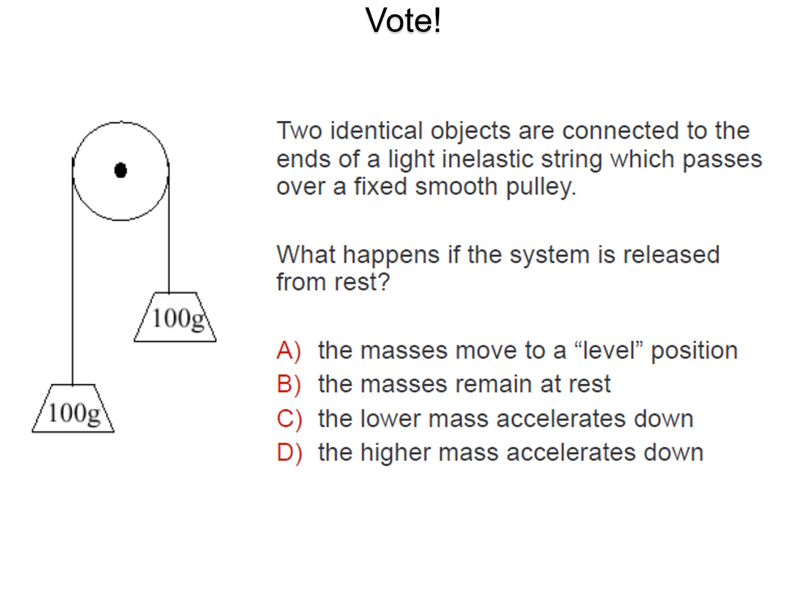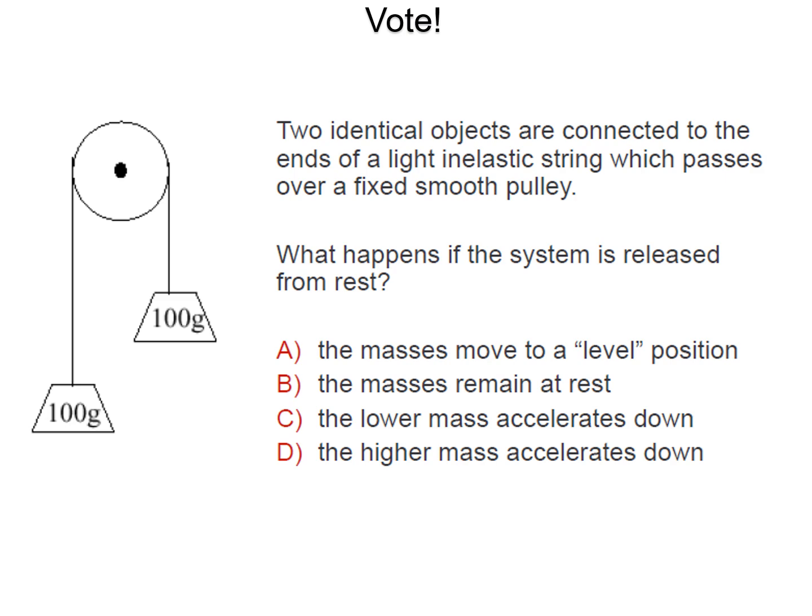Have a vote now. So you have to be sat on your own and go for one of these options. Two identical objects are connected to ends of a light inelastic string which passes over a smooth pulley. What happens if the system is released from rest? So there's a picture of what's happening.